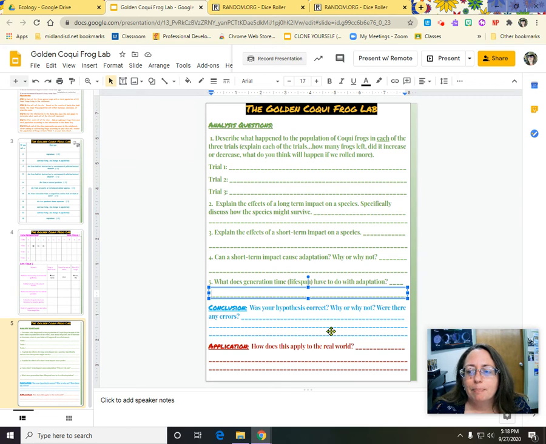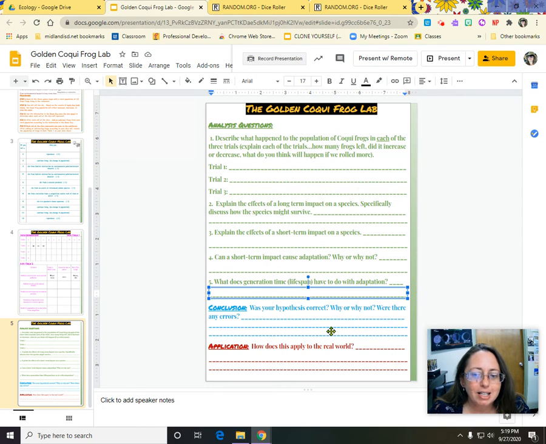Think back to the moths, right? The moths do not have a super long lifespan. They don't live very long. It's actually just about a month, right? So that means that they live many generations in just 1 year. So because moth lifespan is shorter, it's easier to see adaptation.